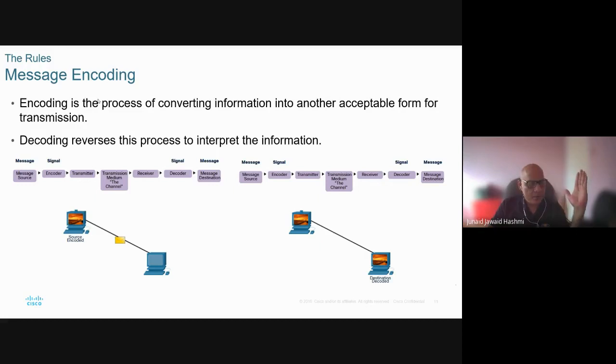So at one point the message is encoded, and at the other point the message is decoded. Okay, because the process is reversed, and you will see later on what's actually included in the message, and why there has to be encoding and decoding.